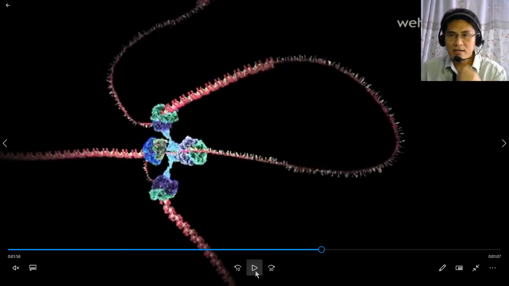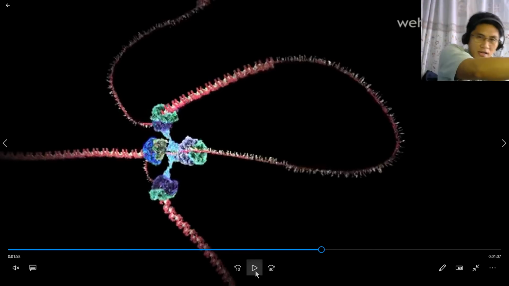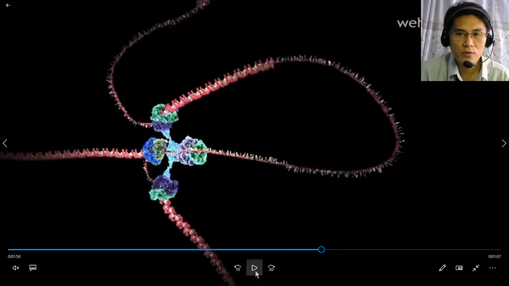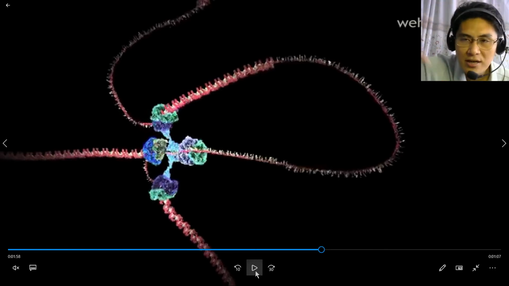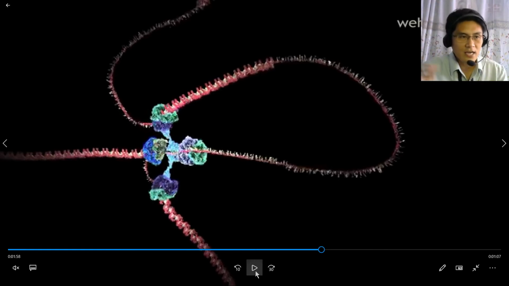In the lagging strand, it's moving forward, backtracking into one fragment, and then moving forward again, backtracking into another fragment, and so on and so forth. Then after that, the exonuclease removes the primers. Then the DNA polymerase goes back to the spaces left by the primers and attaches DNA nucleotides. And then after that, the ligase goes into action and seals the whole thing.